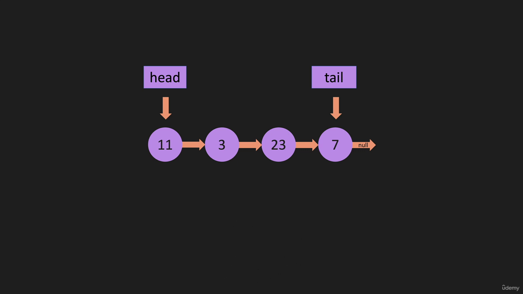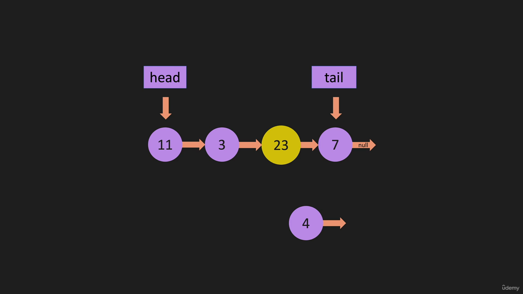Now let's look at inserting something into the middle of the array. So let's bring our 4 node up down here. And if we're going to insert this at the index of 3, we're going to insert it after this node here. That's at the index of 2, 0, 1, 2. In order to do that, we have to start at the head and iterate through the array to get to this point.